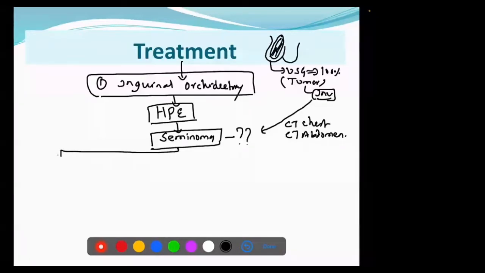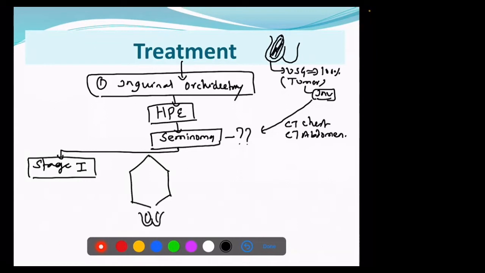So seminoma with stage 1, what will you do? Stage 1 means testicular tumor confined to testis. The retroperitoneal lymph nodes are not involved. So lymph nodes are not involved, only it is confined to testis.